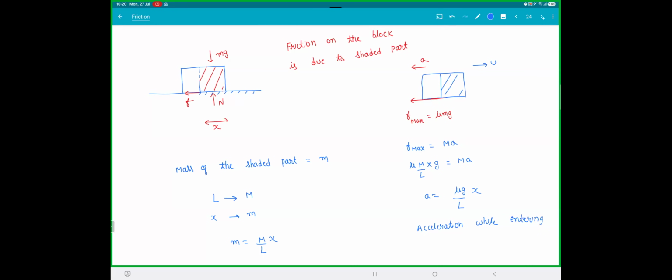Technically, if it is not a rigid body, this block will have a tendency to compress. But that doesn't matter. Any doubts till this part? So the friction is coming only because of the part which is entering the rough region. Actually, a lot of weird things will happen. This block will try to rotate and topple and all. We'll not get into that.